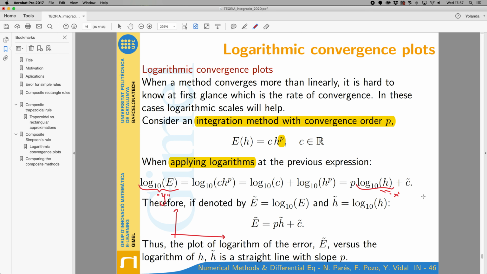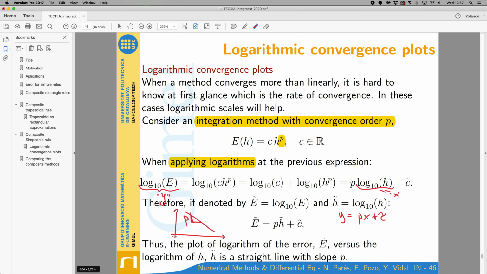Now, what I'm plotting here is y equals p times x plus a constant value, c tilde. So this is a line. So what we will get here is a line, okay? And the slope of the line is p.